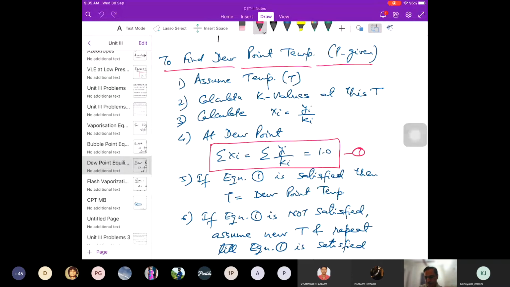Procedure similar है. Only thing is condition is different. Bubble point का condition अलग है. Summation of y करने का है. Dew point का we have to do summation of xi equal to 1. ठीक है? Any questions?